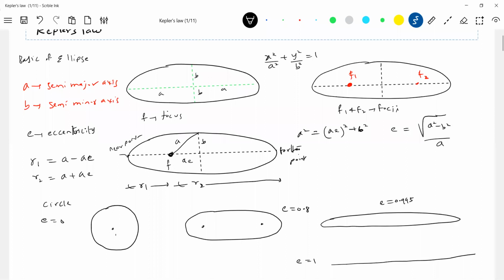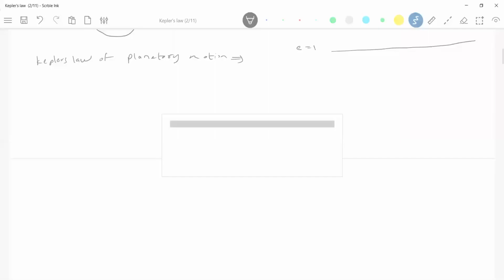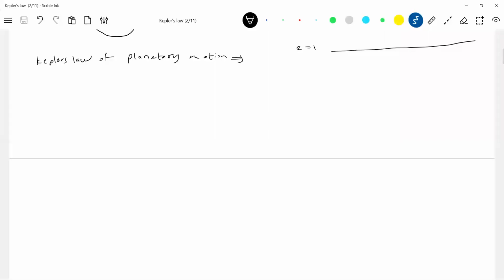Okay, let's get into this one. Now we are discussing planetary motion. For planetary motion, Kepler's law of planetary motion.